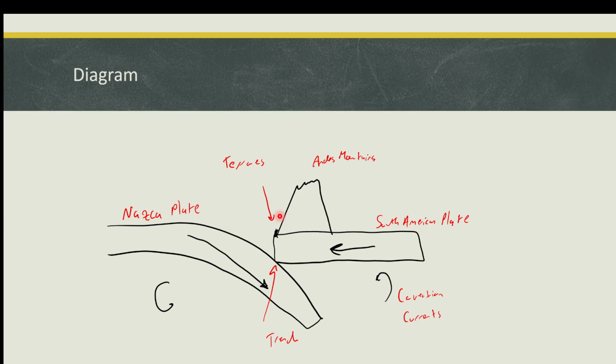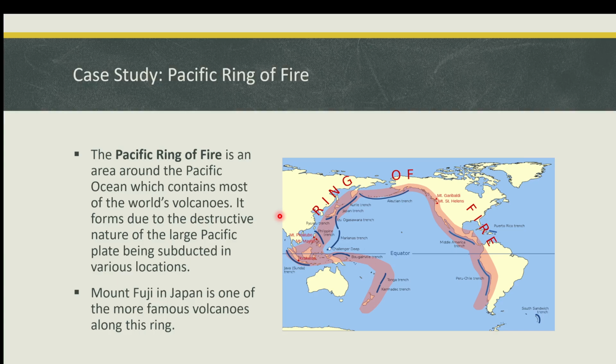In terms of continental-oceanic, there is a case study that we do. I completely forgot about it, looking on my other screen here. That's what's known as the Pacific Ring of Fire, which is this area around the Pacific which has a lot of tectonic activity. We have a bunch of trenches in here. We have the Aleutian Trench, which is where we get the Aleutian Islands from.